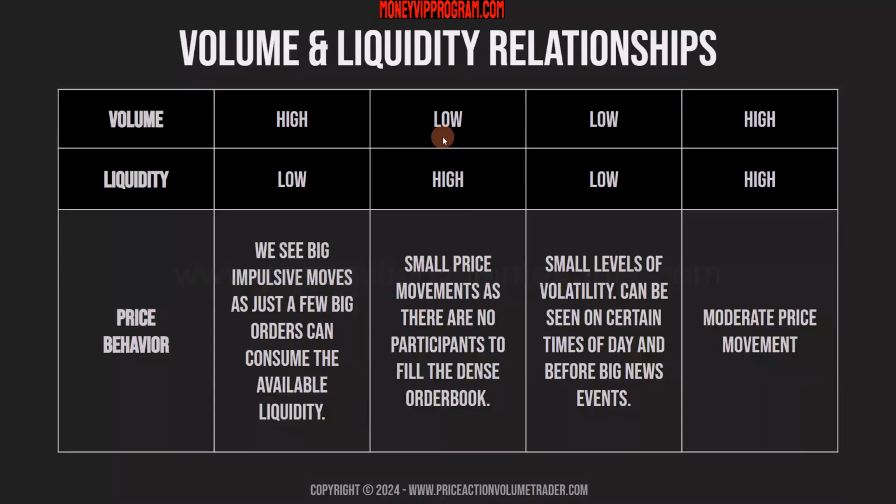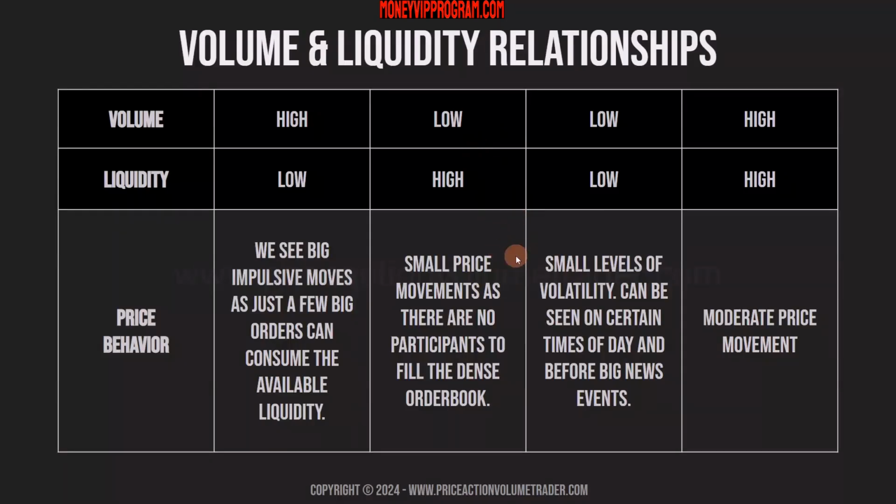In the S&P or the NASDAQ, you're going to have a lot of resting orders on the book. Definitely not as high as on regular trading hours, but still a considerable amount. But there's not a lot of market participants interested or coming in at that time, not a lot of large traders. So that's going to give us small price movements, because there aren't any large orders pushing the market higher or lower significantly.